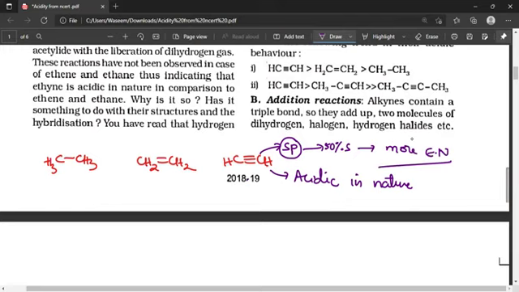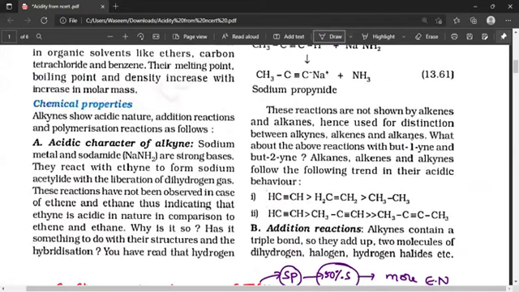Just now I told you, as the electronegativity increases, acidity also increases. If I ask you the order of acidity: here it is sp2 hybridization, here it is sp3 hybridization. In sp hybridization there is a higher percentage of S character, therefore this is more acidic in nature. So an alkyne can be acidic in nature due to the hybridization character. This is what is explained in this paragraph.